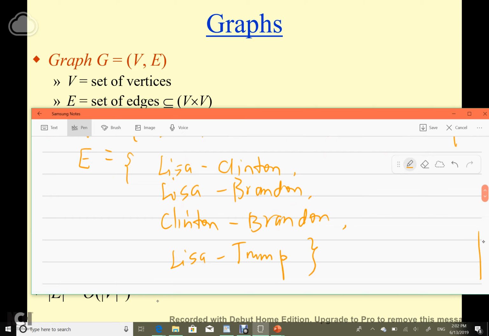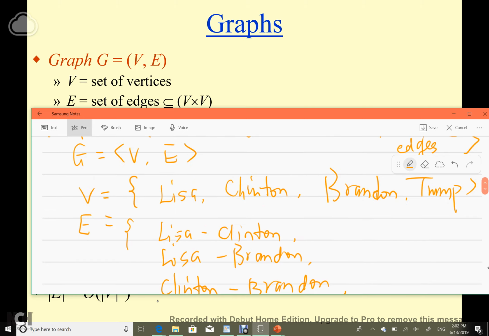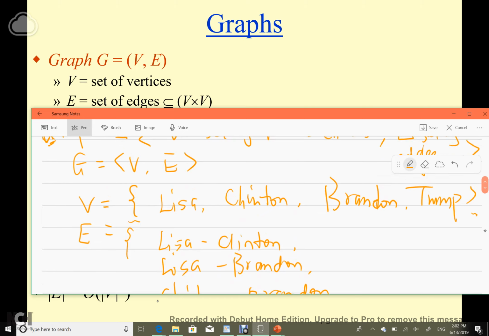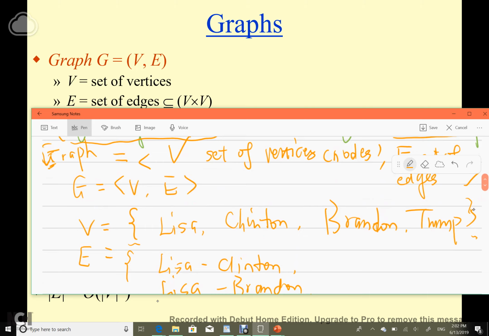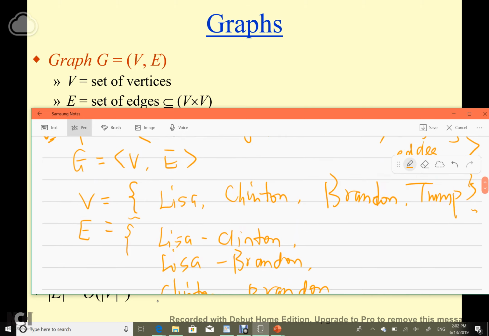Many of you, if you still remember discrete math, we use the curly brace to represent a set, right?